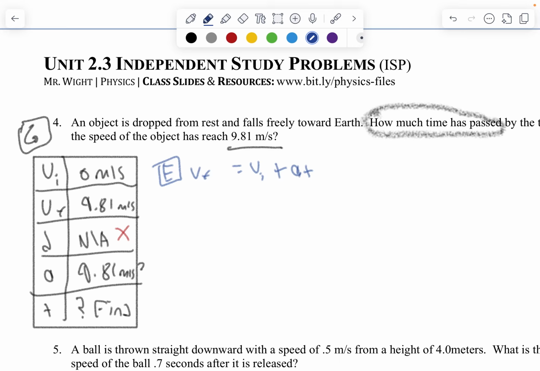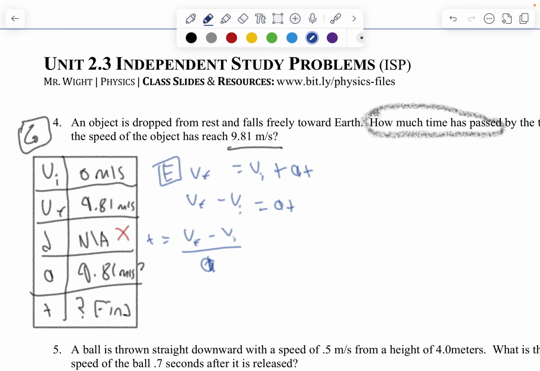And so let's bring the initial velocity over, and that gets us the final velocity minus the initial velocity equals acceleration times time. And then we'll divide by acceleration to get time. So time equals the final velocity minus the initial velocity over, sorry, over acceleration.